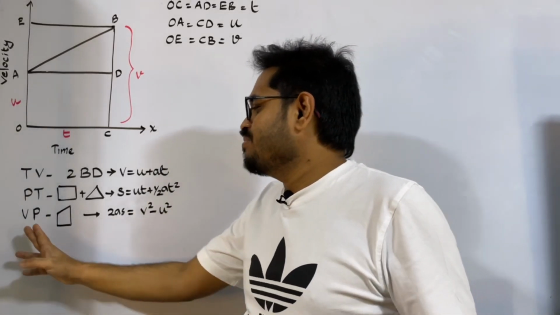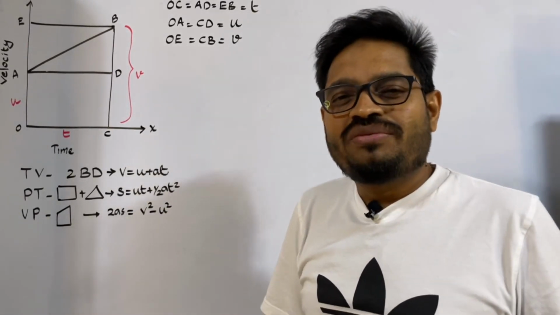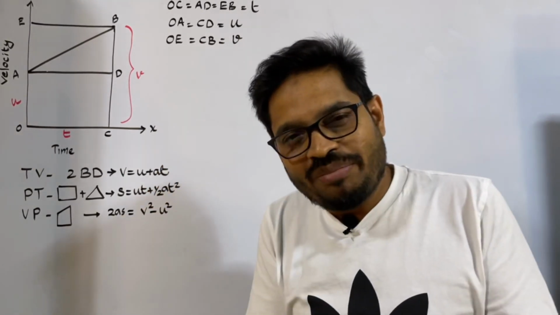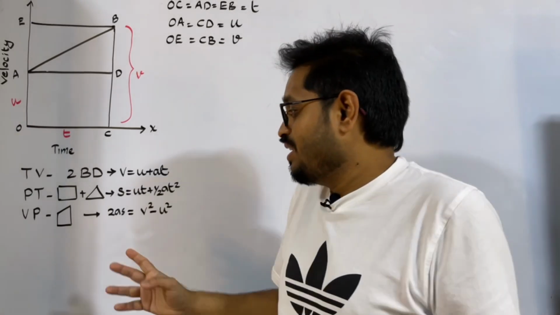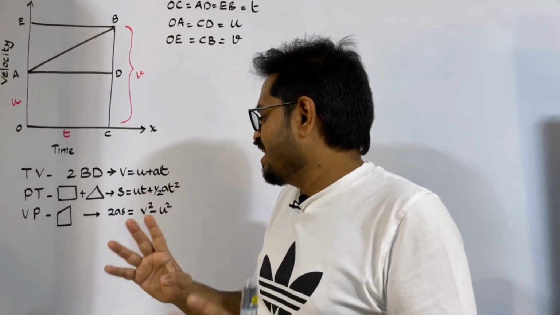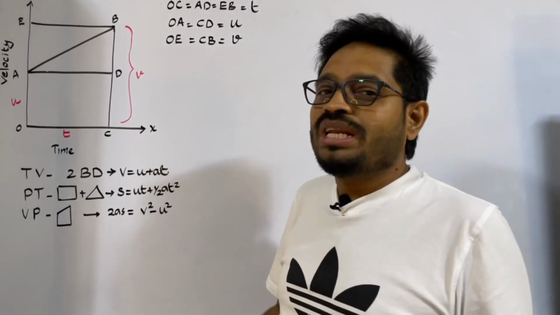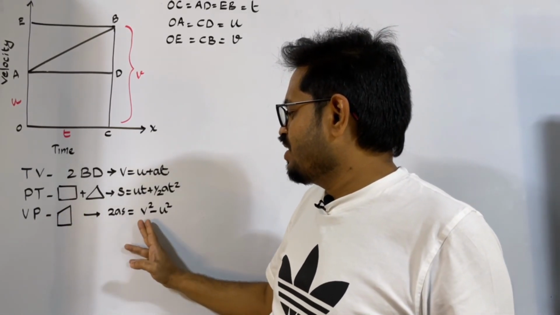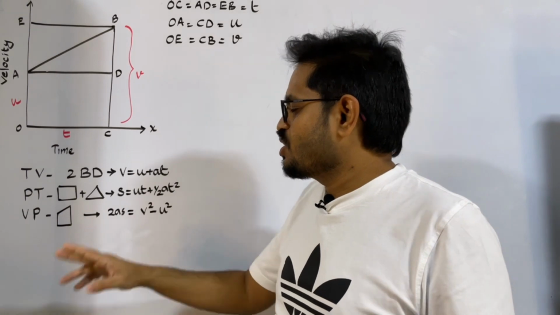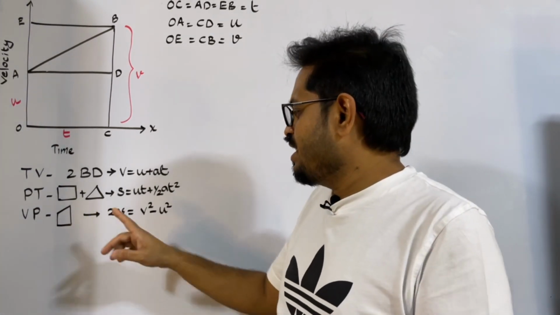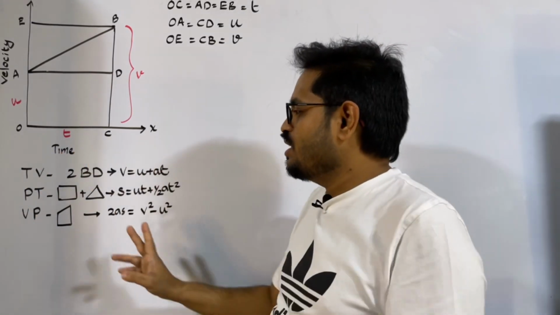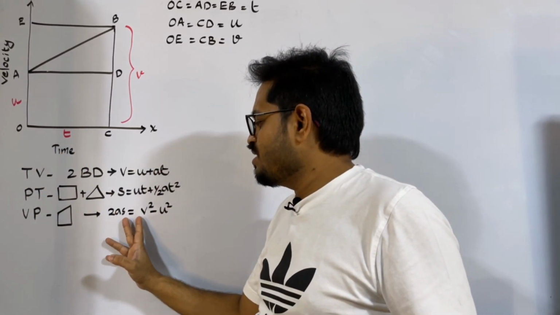And then comes third one, VP. As you already know, there are three formulas. Third you can simply find out, but even then if you want to connect it, there is a way. So the third formula, VP, is what? 2AS is equal to V square minus U square, isn't it? Velocity and position. So to see that, you have to look into the center of this equation.